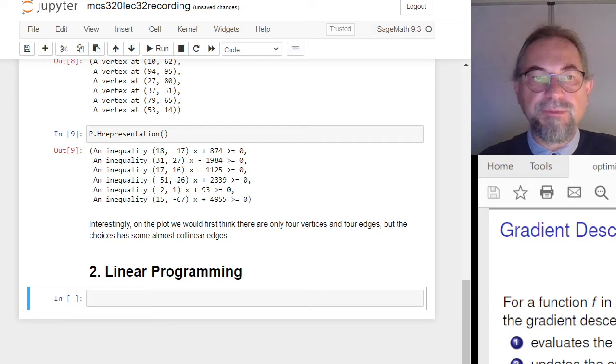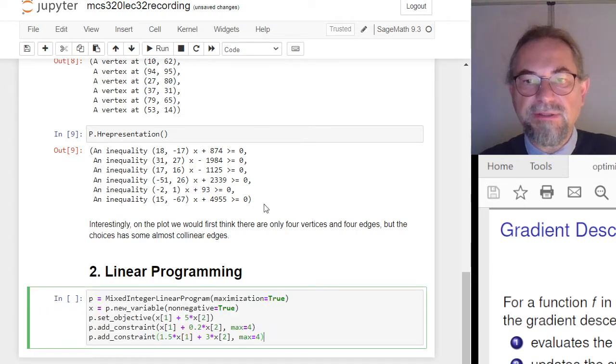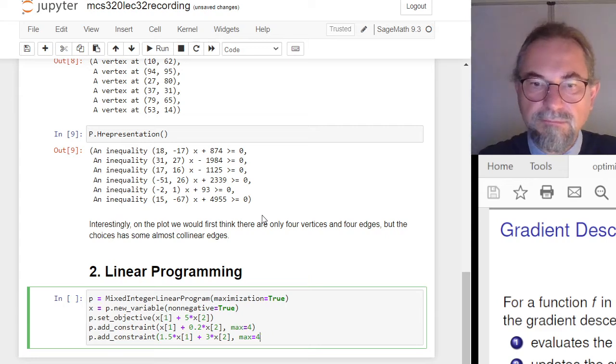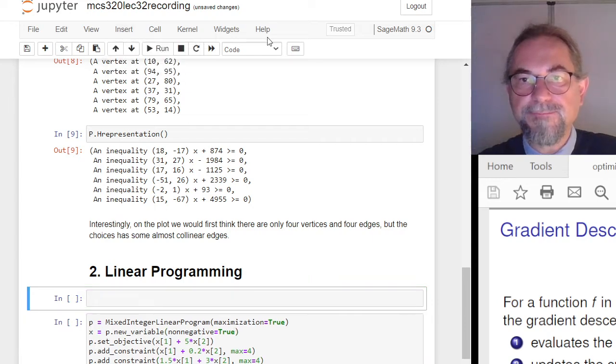And in order for me to avoid typos, I'm going to copy and paste from my prepared notes. So let me, however, document what I'm going to do.